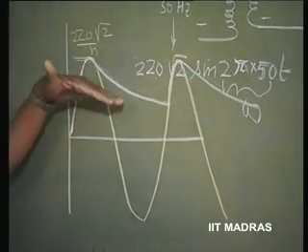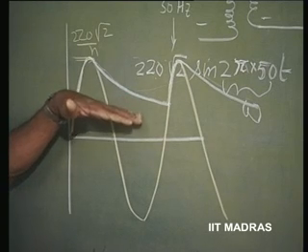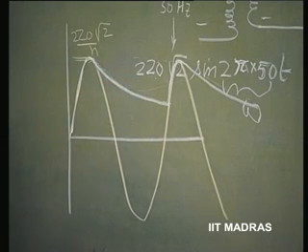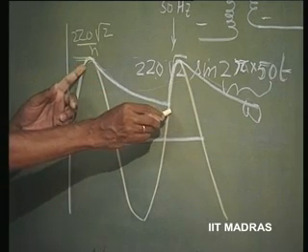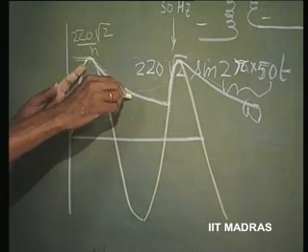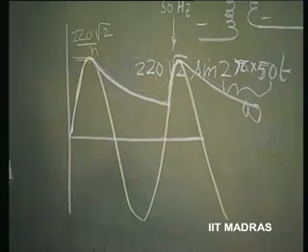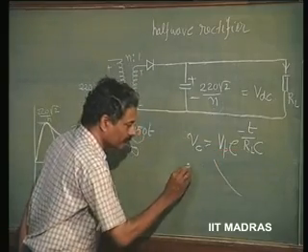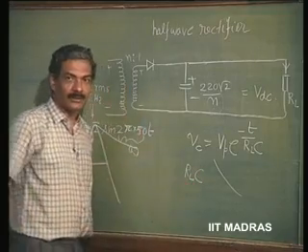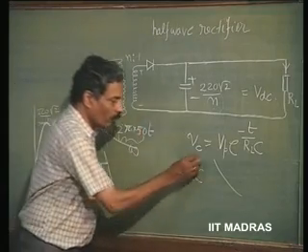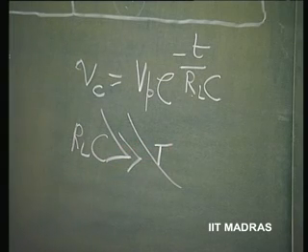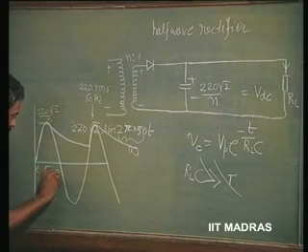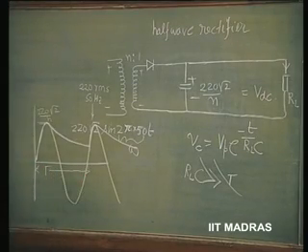So, how do I now prevent this discharge being so large as this? The only way is, before this time occurs, the amount of voltage that is coming down should be extremely small. That is possible by selecting RL into C, the time constant, to be made very much greater than the time period T. This time T is the time within which it is going to discharge most probably.